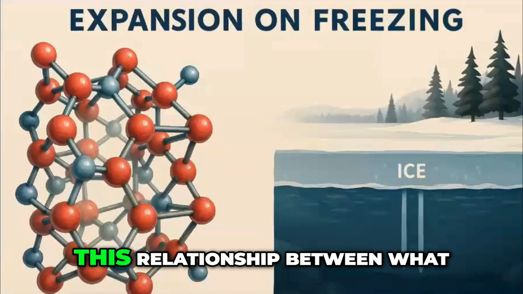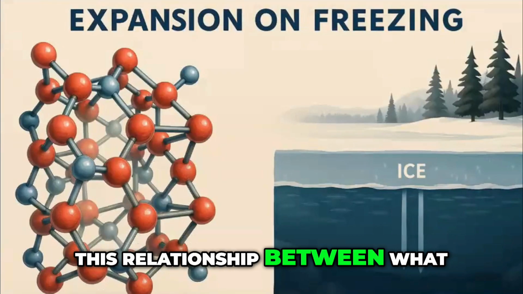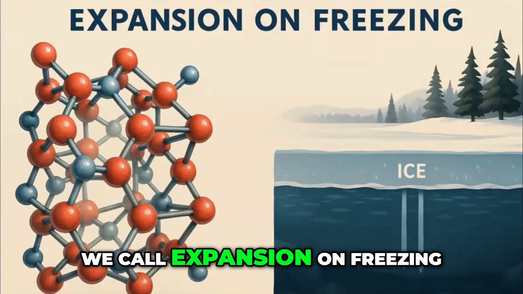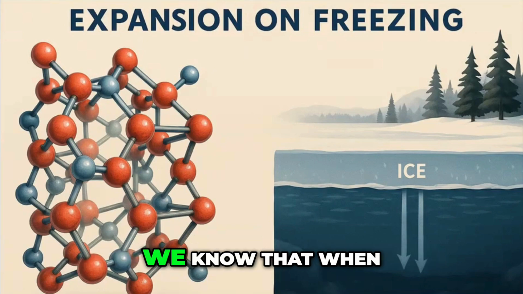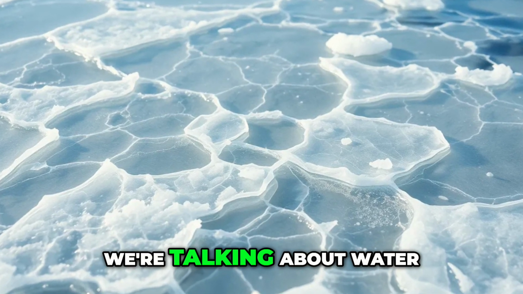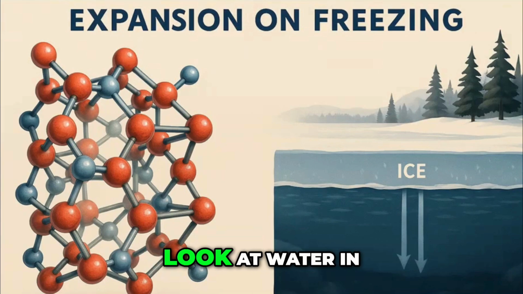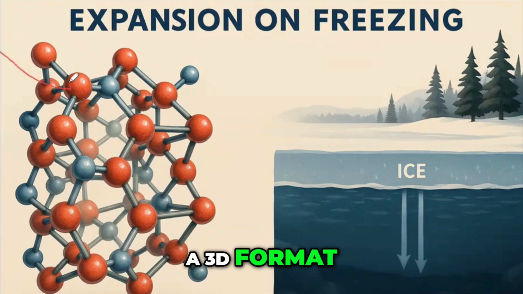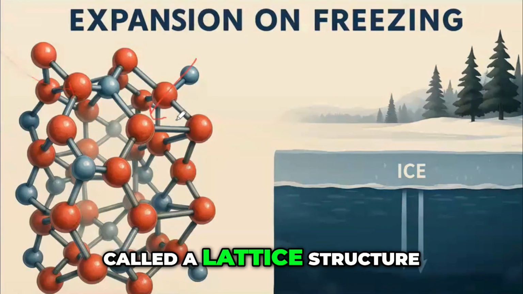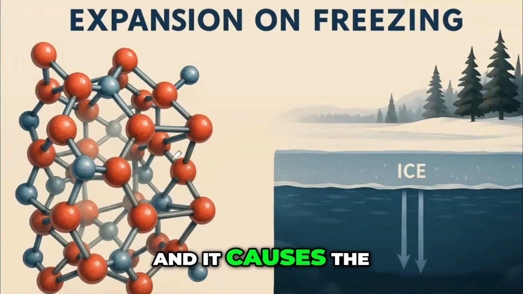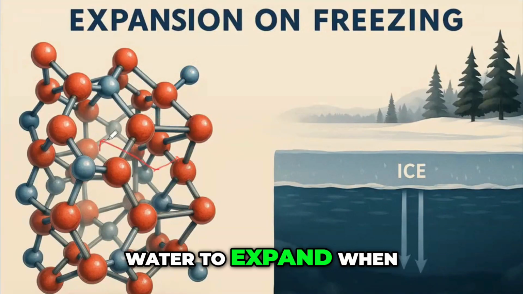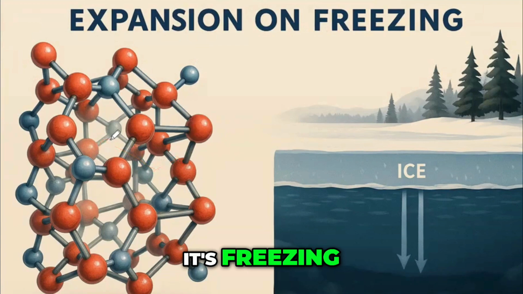Now let's talk about this relationship between what we call expansion on freezing. If you were to look at water in a 3D format, it forms what is called a lattice structure, specifically with ice, and it causes the water to expand when it's freezing.